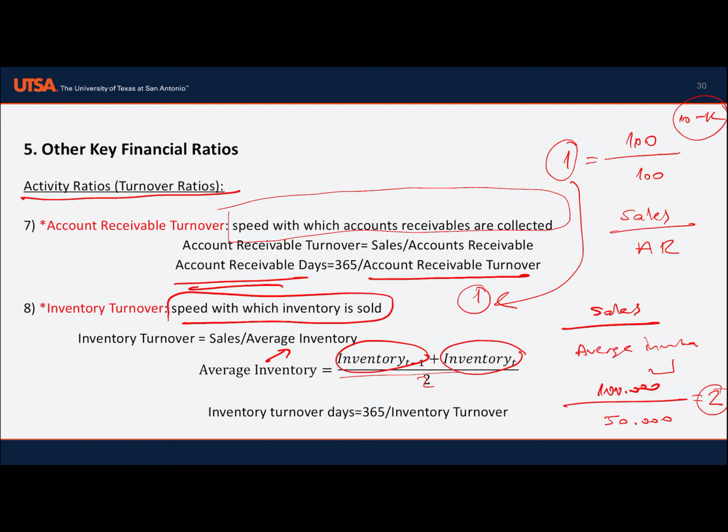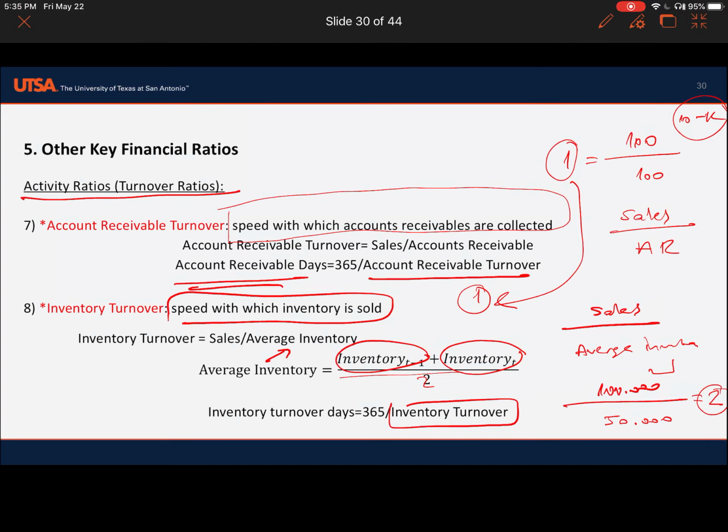We just use inventory turnover here, and we divide 365 over inventory turnover, which is inventory turnover days.